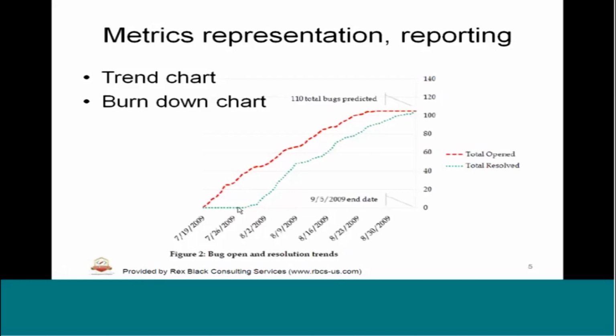No resolution is there. All the bugs are still open. During the second week we have about 50 bugs that are opened, and at the same time about 10 or 15 bugs have been resolved.